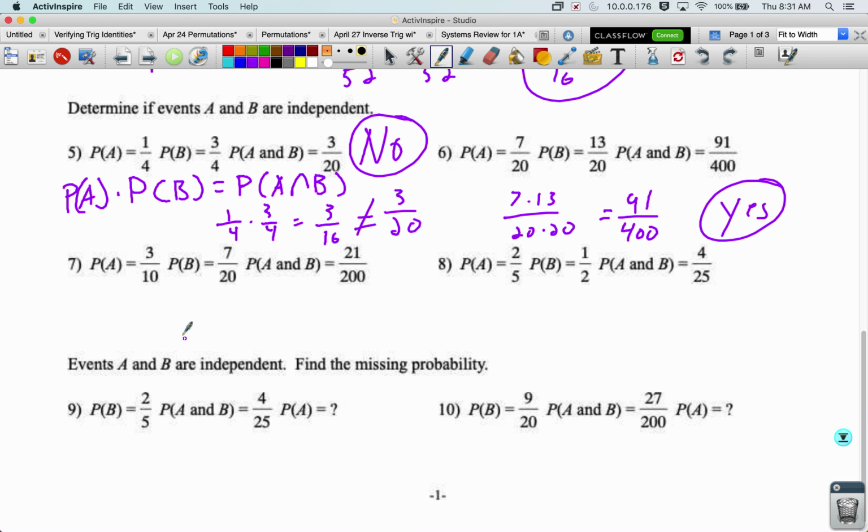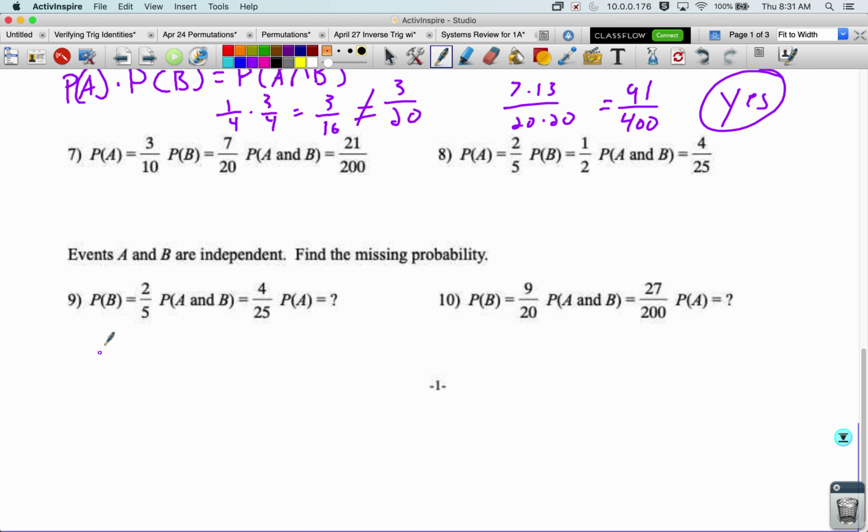Here, this tells you the two events are independent, so find the missing probability. That means this equation has to be true: P of A times P of B needs to equal P of A and B. Now just plug in what we've got. We don't know P of A yet, but we know P of B is 2 out of 5.